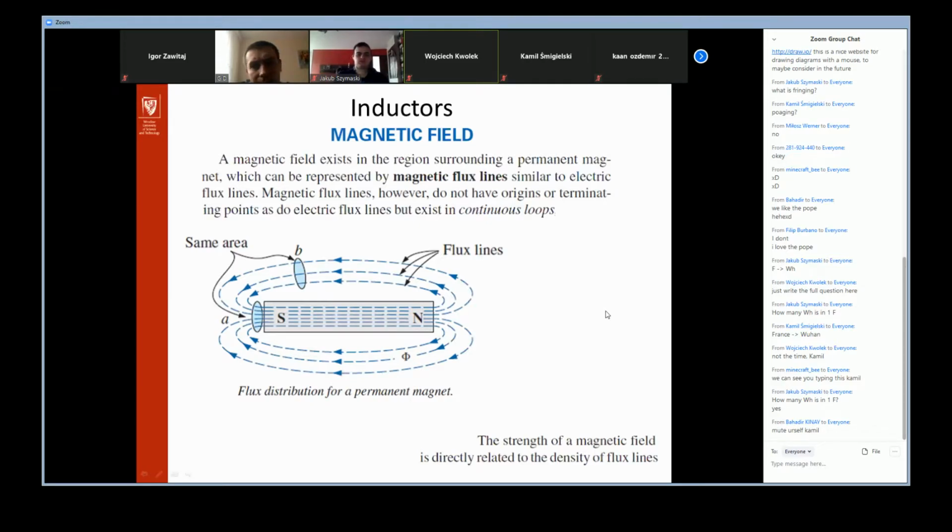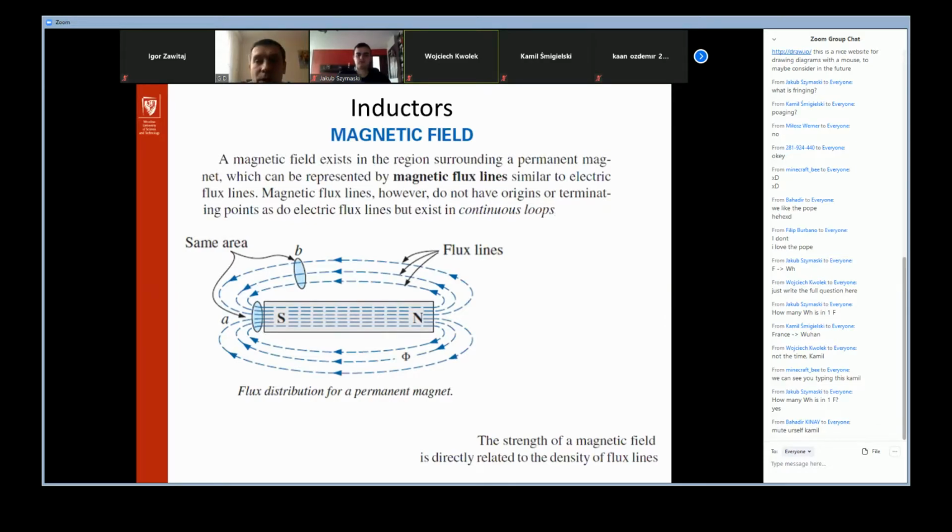I told you that one pure charge produces an electric field, which radiates around in space. So we can say that the electric flux lines have an initial point. They have a source, which is given by the charge. The charge produces the electric field. What about the magnetic field?